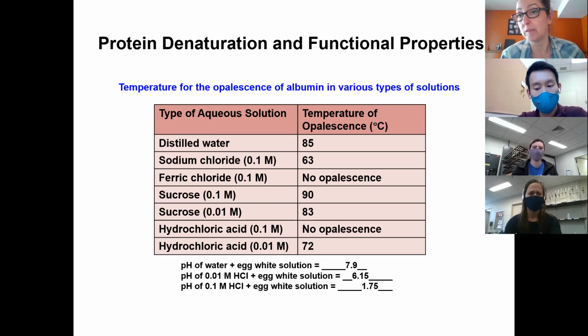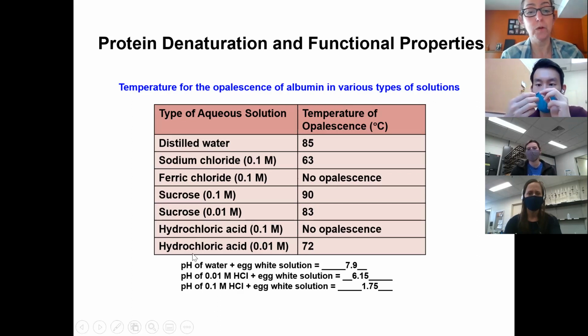So it doesn't form protein-protein interactions because of the repulsive forces due to very high net positive charge. But when the acid was low, you have a pH that was closer to the isoelectric point. So you have less charge now.